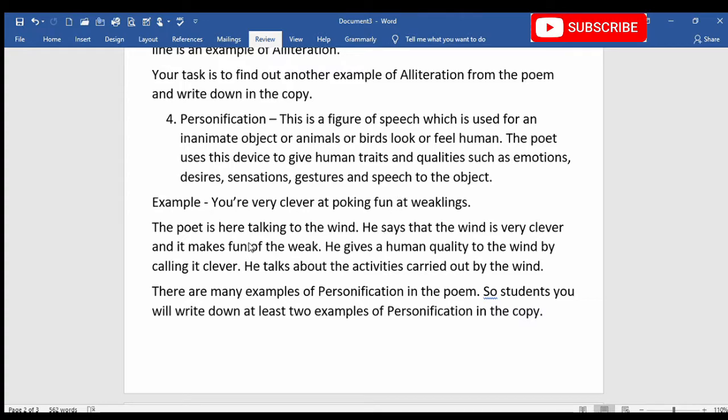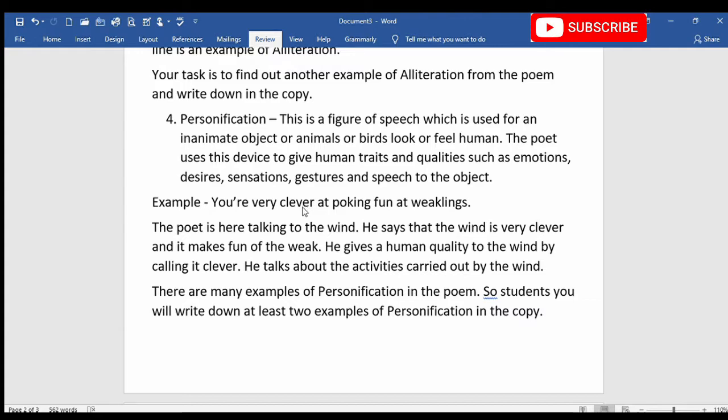Now look at the example. You are very clever at poking fun at weaklings. Here the poet is talking to the wind, and he imagines wind to be a human being, and he is giving this wind the human quality of calling it clever.